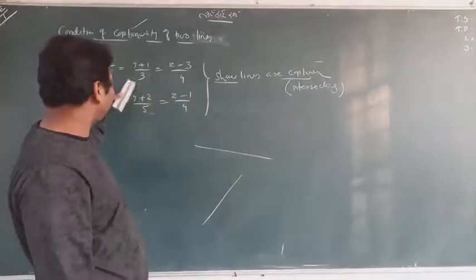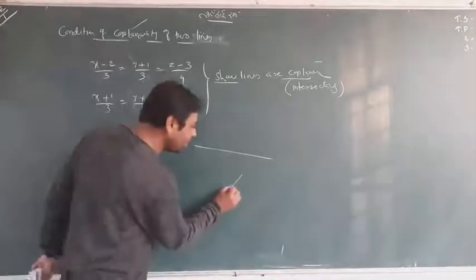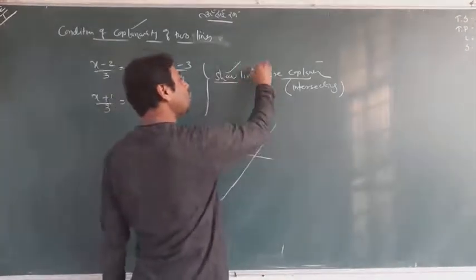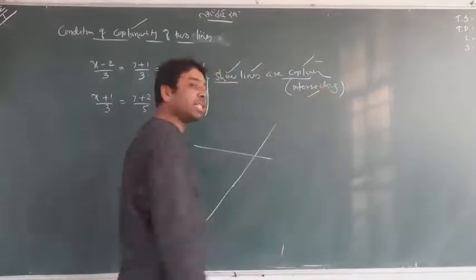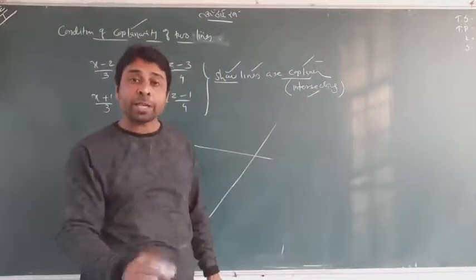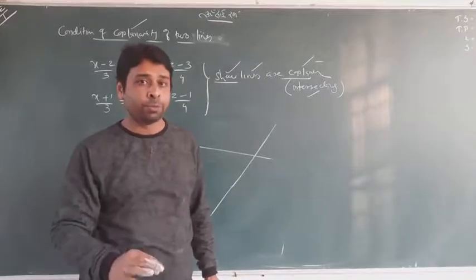They are not parallel, you can understand. So they will be intersecting now. That's why I have written, show that lines are coplanar or lines are intersecting. Both have the same words, same meaning, same criteria, same condition, same proof.